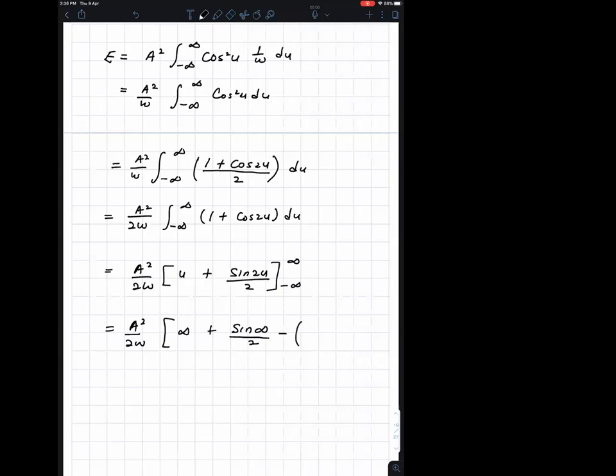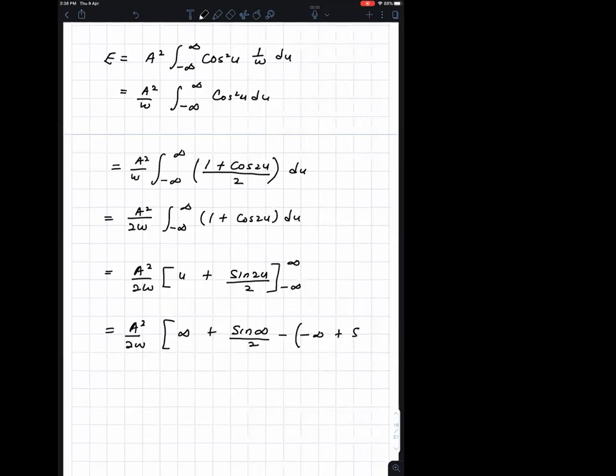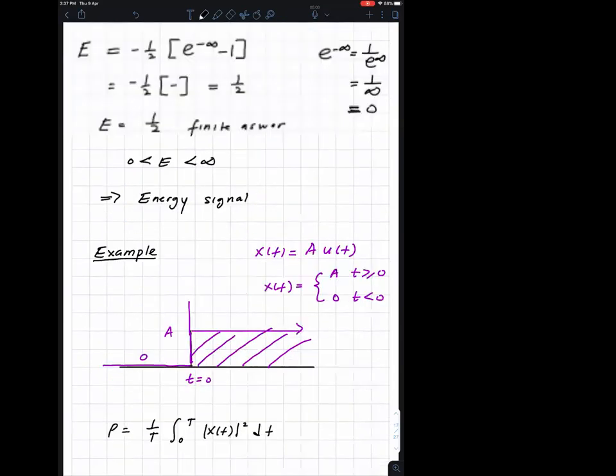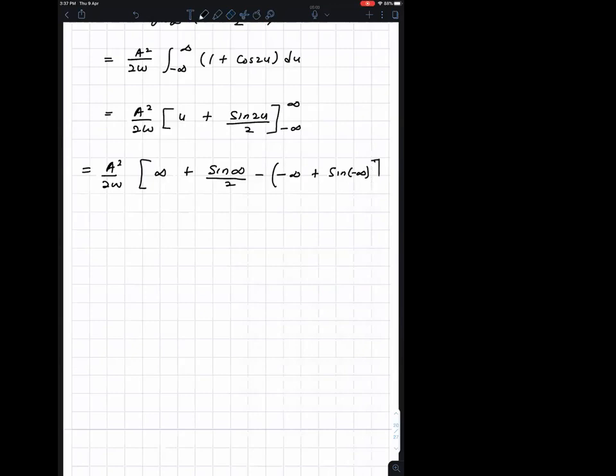And then minus u, now the lower limit minus infinity, again plus sine minus infinity, divided by 2. Any question? So let's evaluate.